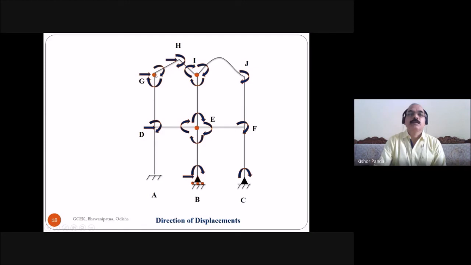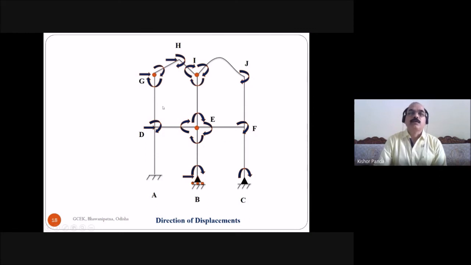What is the displacement here? The same displacement, only have to take it once. So rotational, end of this member rotation, end of this member rotation. Here there is horizontal and rotation. And this is a joint with 3 members, meaning 3 rotational. And this is a joint, and here also you have to take 4 rotational.